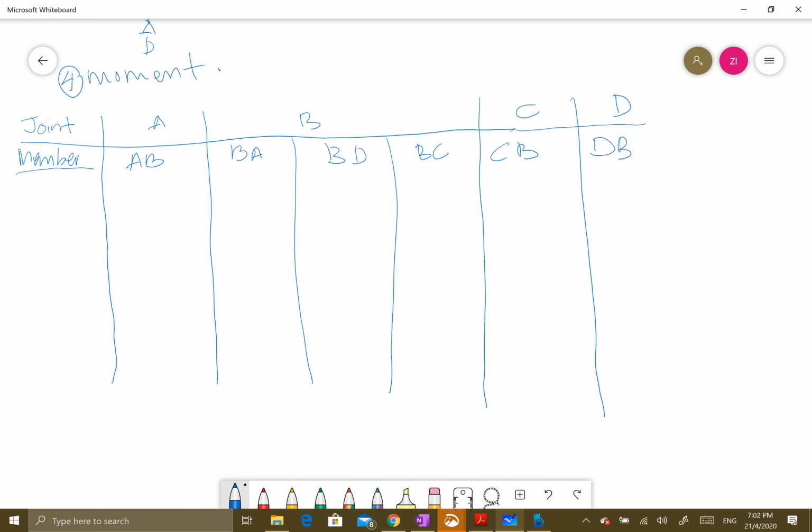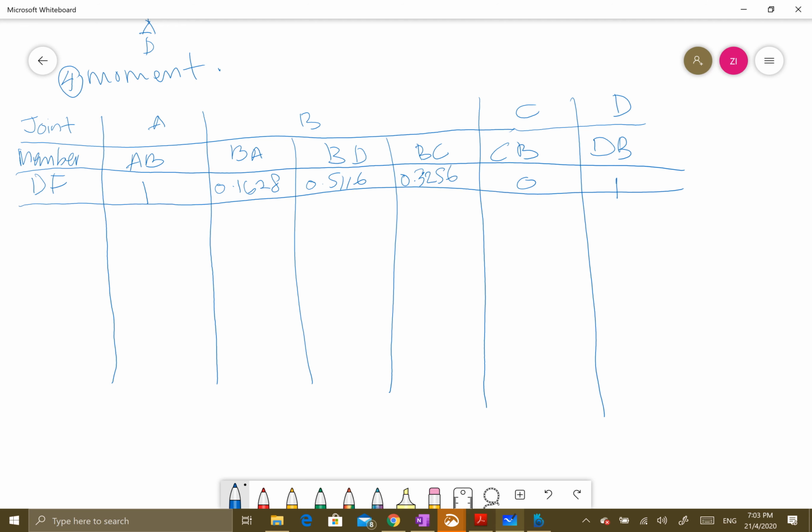So then you fill in the distribution factor. Okay. So double line here as a clue where you want to add later. Now FEM.